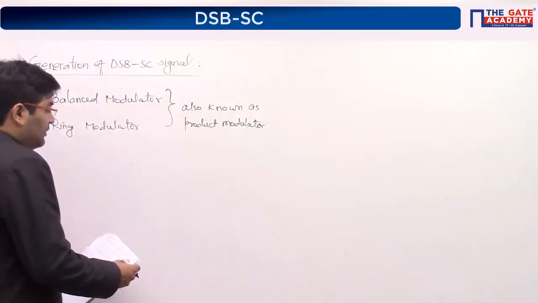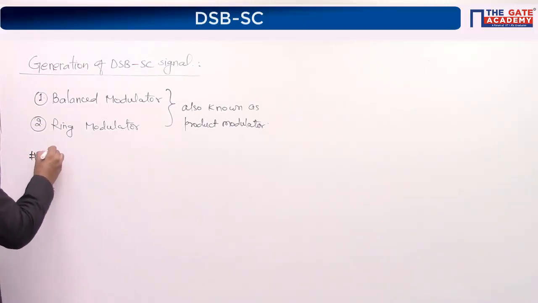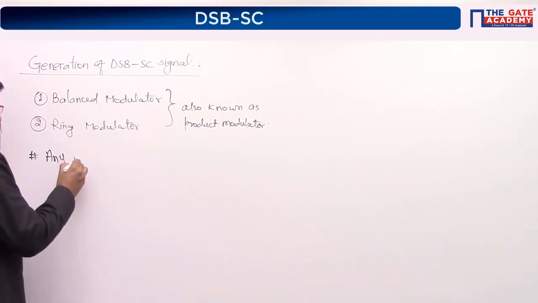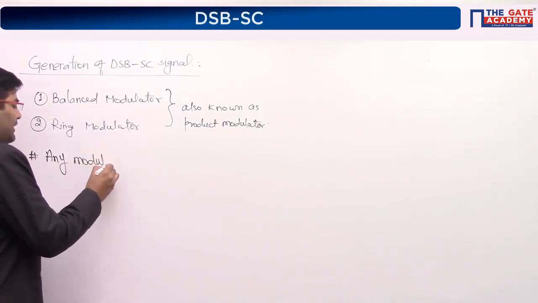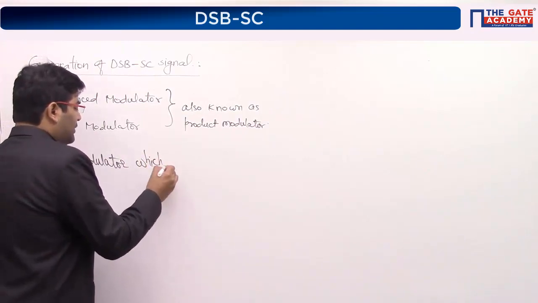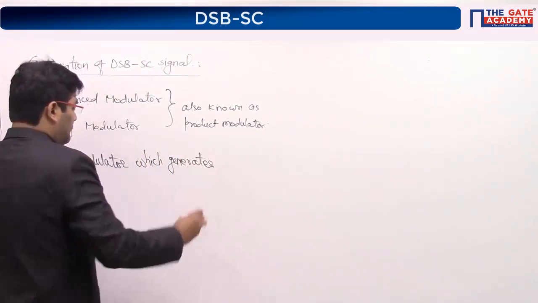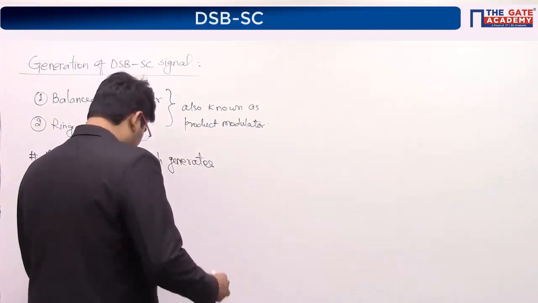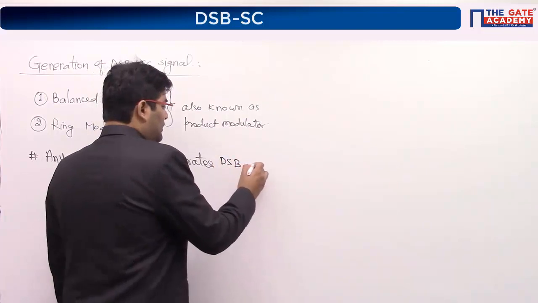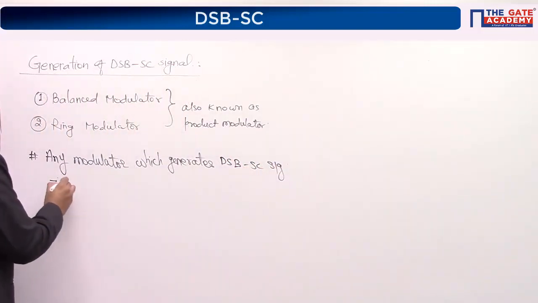So what is a modulator? First let me write this pointer. This is the very first point, guys. Any modulator which generates a DSB-SC signal, double sideband suppressed carrier signal, is called a product modulator.